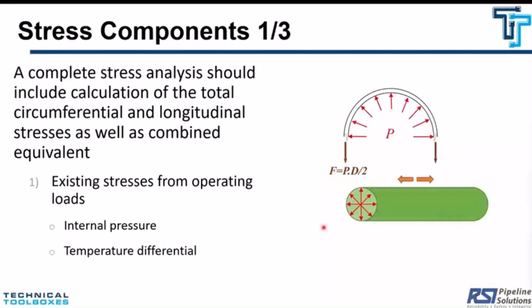But the soil friction prevents that. As a result, you get a tension in the axial direction of the pipe. So that has to be accounted for. And then we naturally have the differential temperature. If you bury the pipeline at a certain temperature, and the temperature increases or decreases after the pipe is buried, that can create thermal stress in the pipe, right? So that has to be accounted for as well in a surface loading stress analysis.